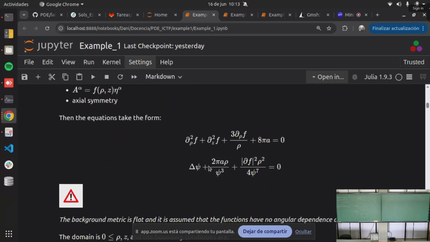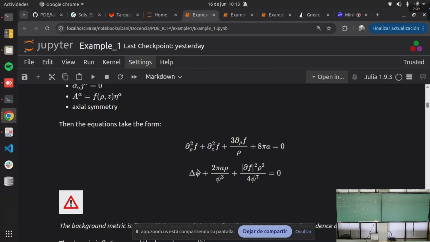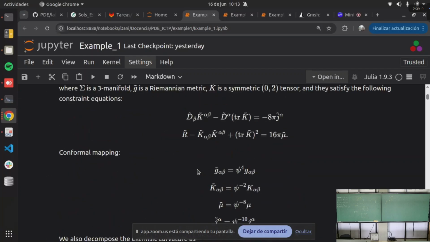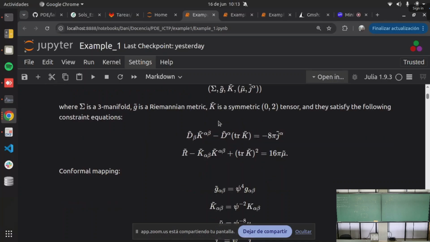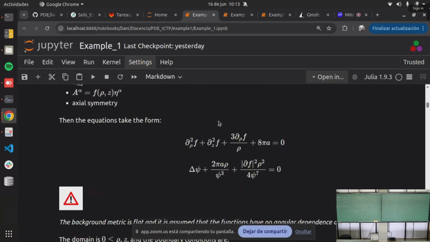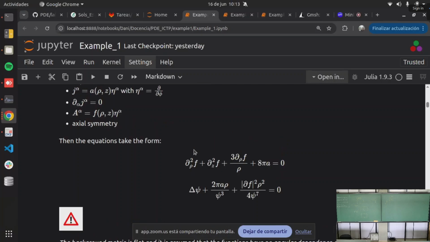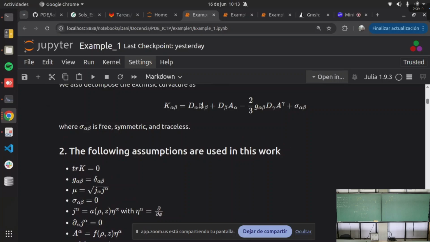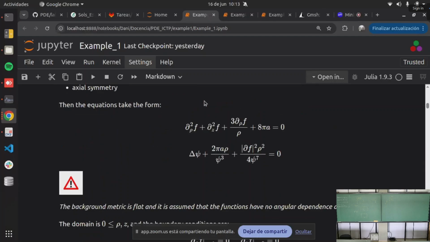This is the main goal for now, where C has the information of the metric, and the other scalar field F has the information of the extrinsic curvature, a vector. So for now, this is the equation that we'd like to work with.